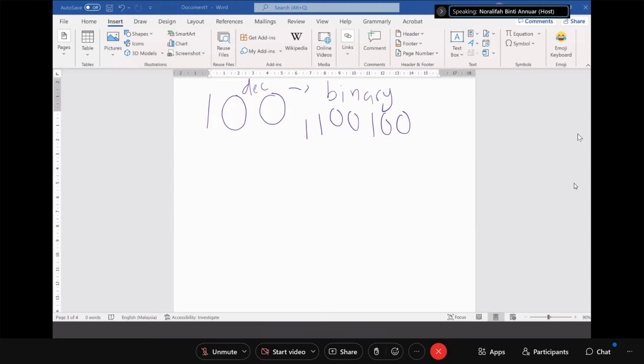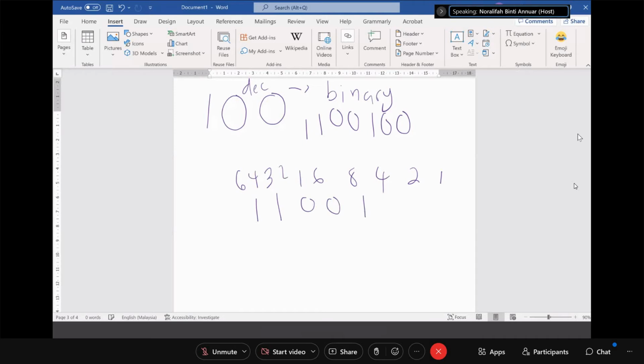Okay. Kan 100 kan? So let's say you gunakan the position: 1, 2, 4, 8, 16, 32, 64. So you cari apakah nilai yang you boleh add up to get 100. Yang ini memang kena banyak latihan lah.